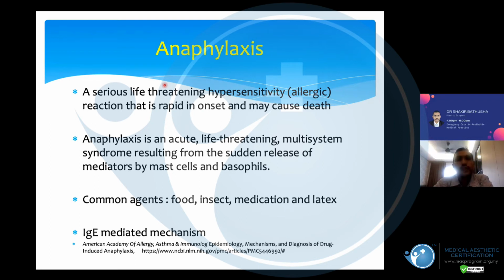You need to know that it is an acute, life-threatening condition which affects multiple systems, and it can also lead to death if it's not tackled properly. Among the allergens which could cause anaphylaxis are food, insect, medication, latex.